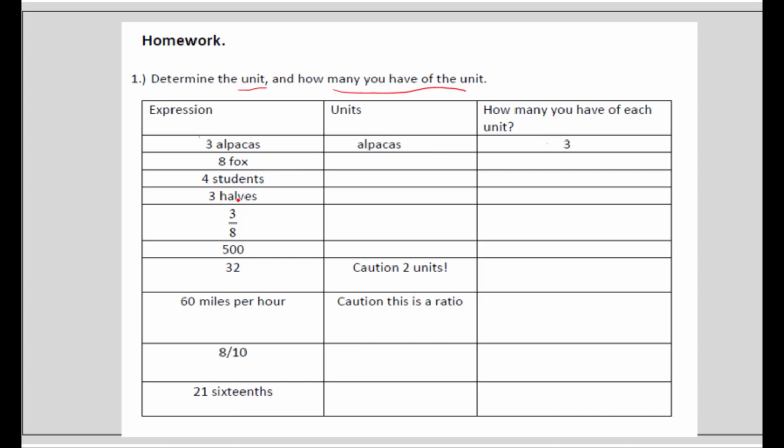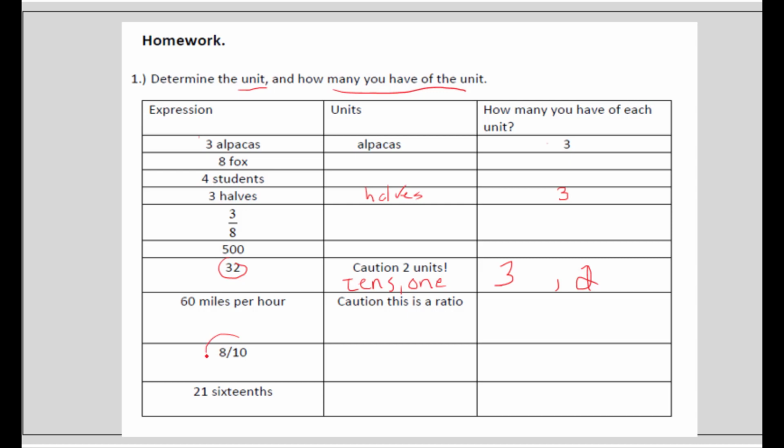Now 3 halves, the unit is halves, and how many you have is 3. All right, this 32 is actually 2 units. It's 10s and 1s. So you have 3 10s and 2 1s.